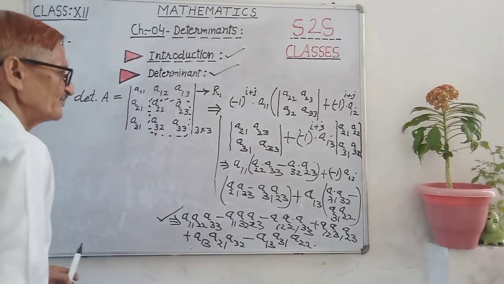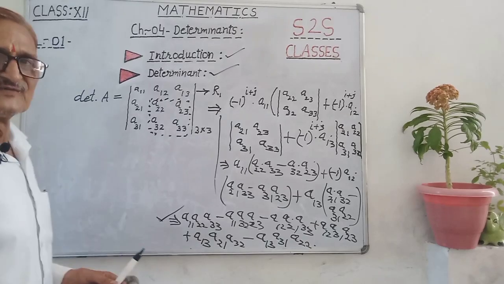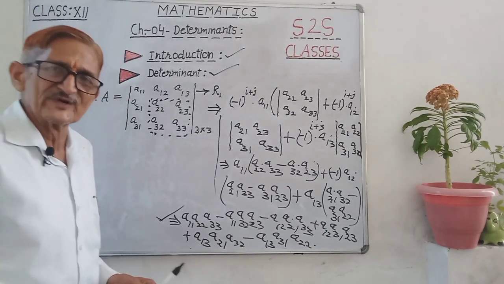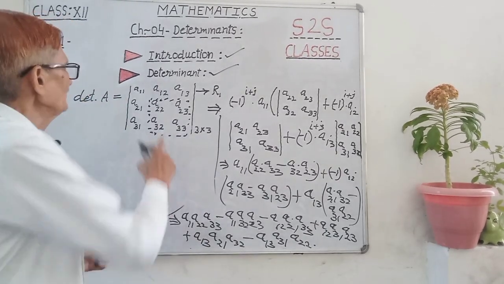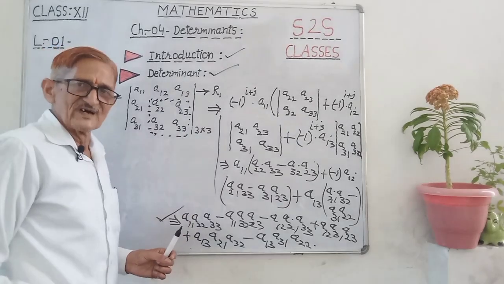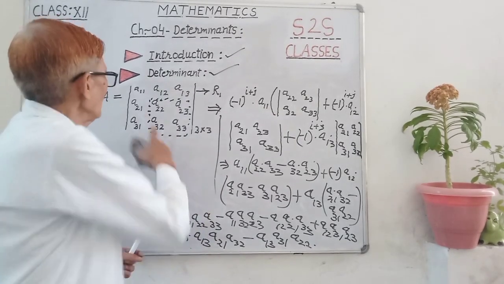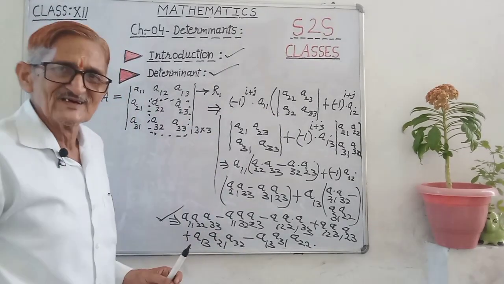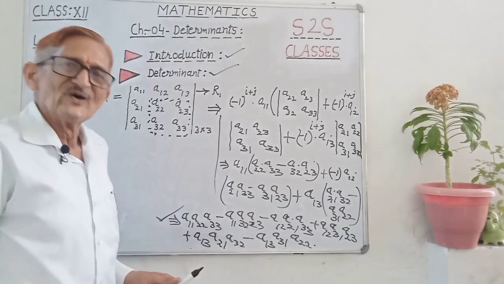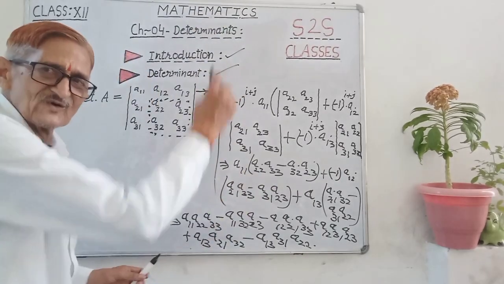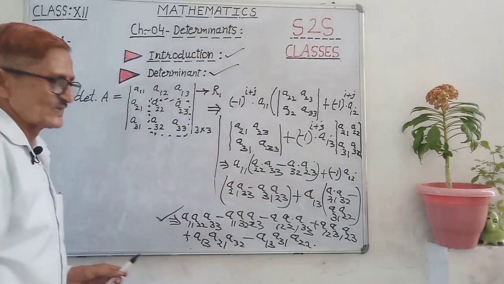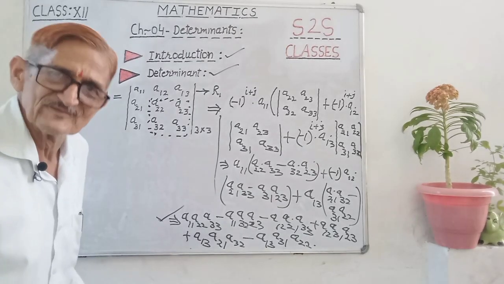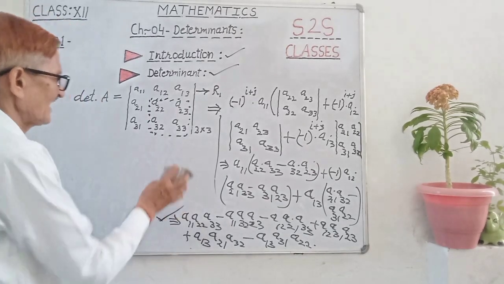Okay, and now I want to tell you one important remark: if you expand along R1 or along R2, or along R3, or any column, column 1, column 2, the same value will come. Okay, you can check.